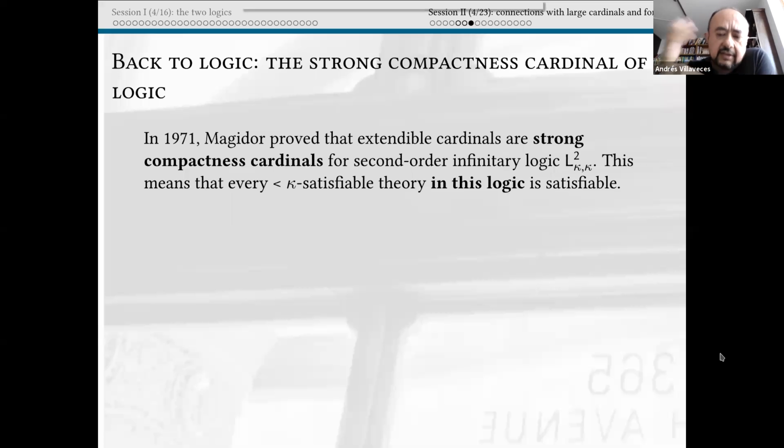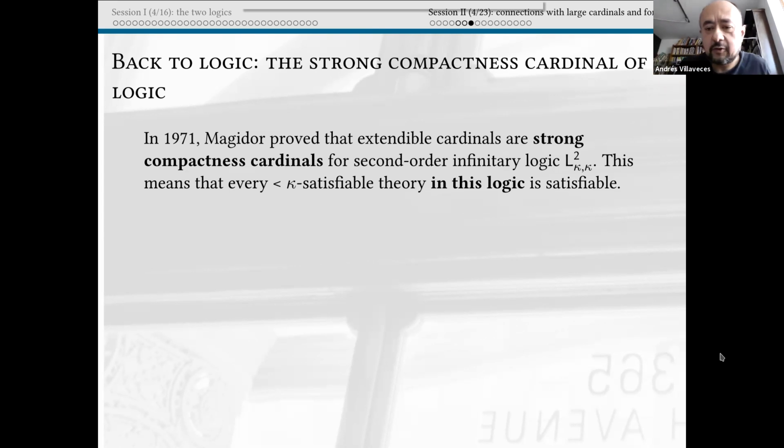This is one of the first items here. In a way, it is quite natural, because you're looking at logics where you want to have some kind of compactness properties, but they happen if the parameters of the logic, here kappa and kappa, are in themselves large enough cardinals.